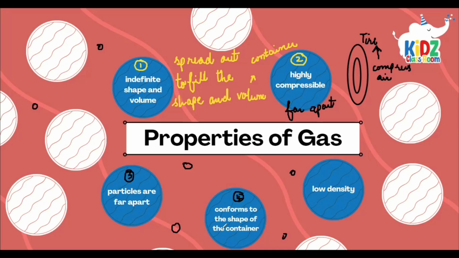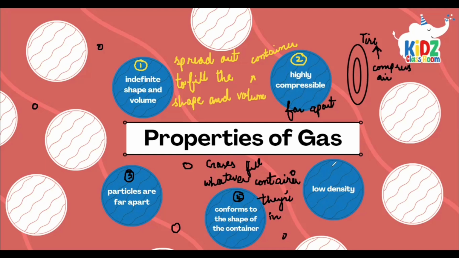The container is the room and the air is taking up the space, taking up the shape of it. That's the air you breathe, right? So gases fill whatever container they are in.